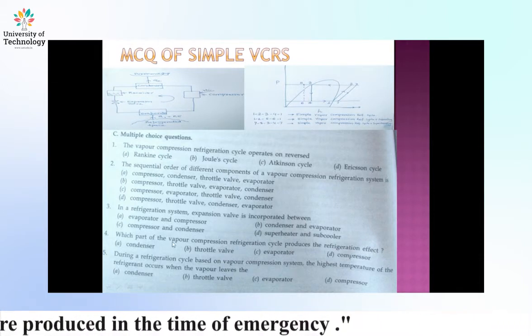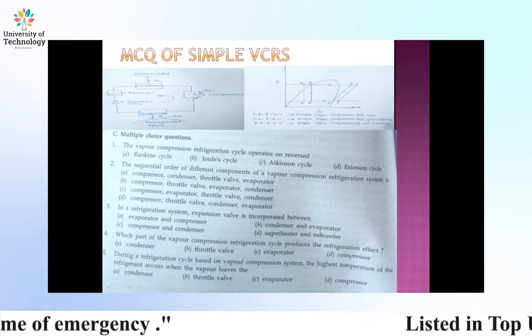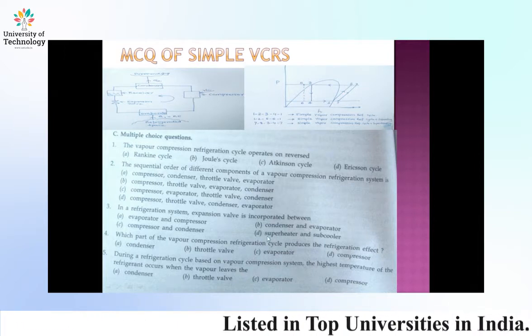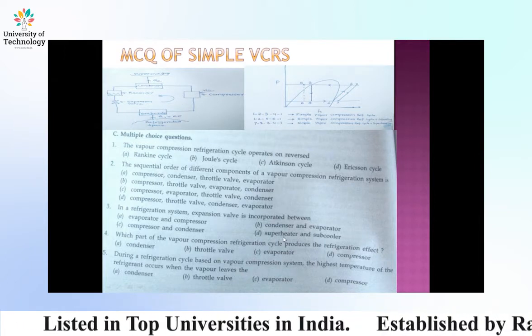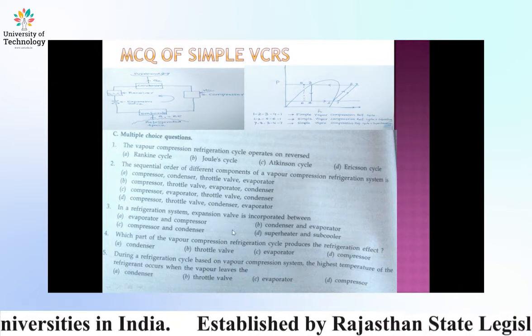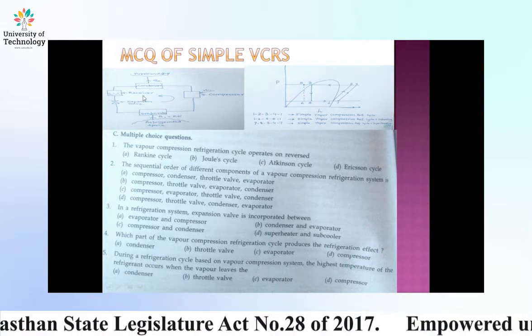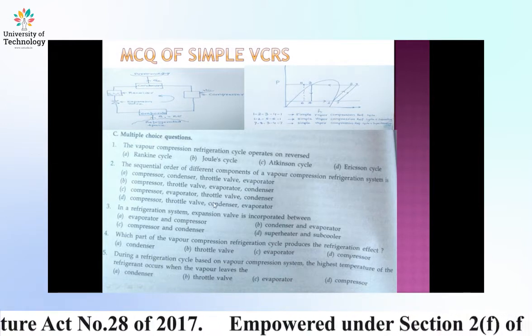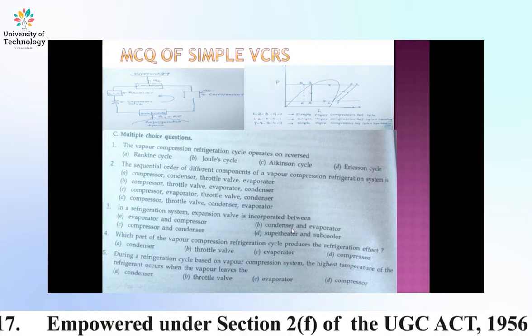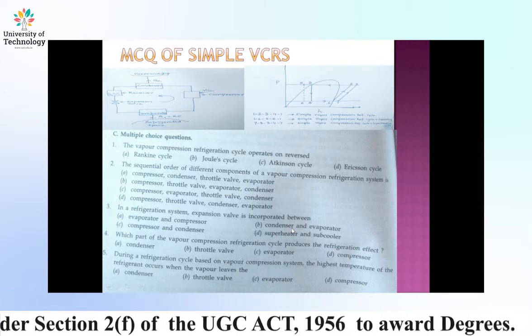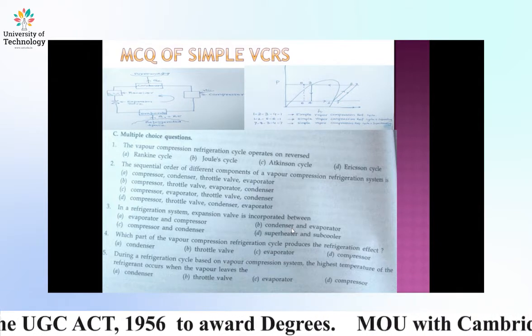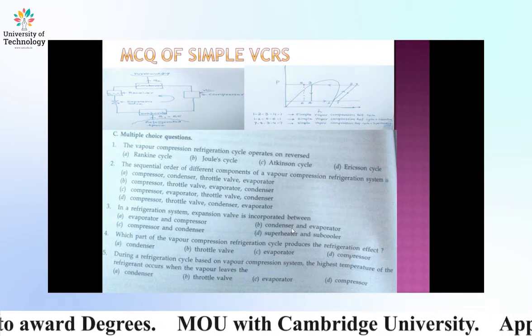Compressor and condenser, there is no expansion valve. Superheater and subcooler, no expansion valve. So expansion valve is in between condenser and evaporator. So option B is correct. In refrigeration system, the expansion valve is incorporated between condenser and evaporator.